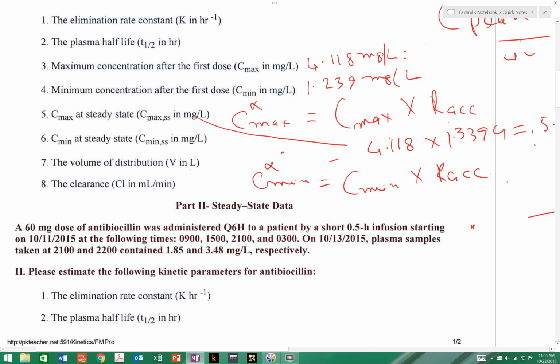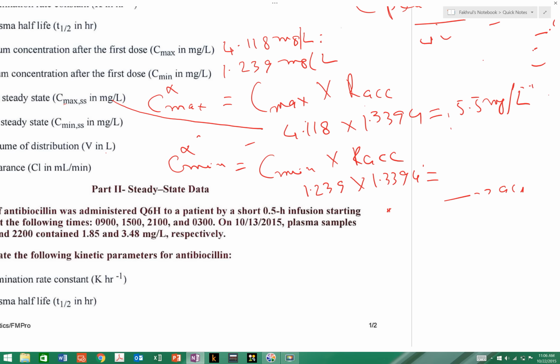We already know Cmean is 1.239 times RSCC, which is 1.3394. Your Cmean is going to be 1.659 milligram per liter.